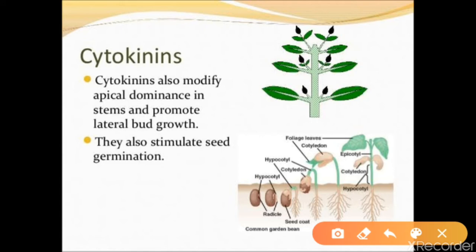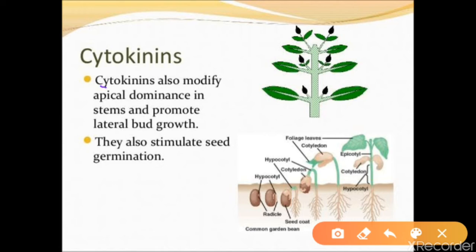The third hormone we have is the cytokinins. Now what are cytokinins? Actually, cytokinins help in cell division in the plant. As I have already told you, auxin, gibberellin and cytokinins promote the growth of the plant. So they help in cell division, first thing.